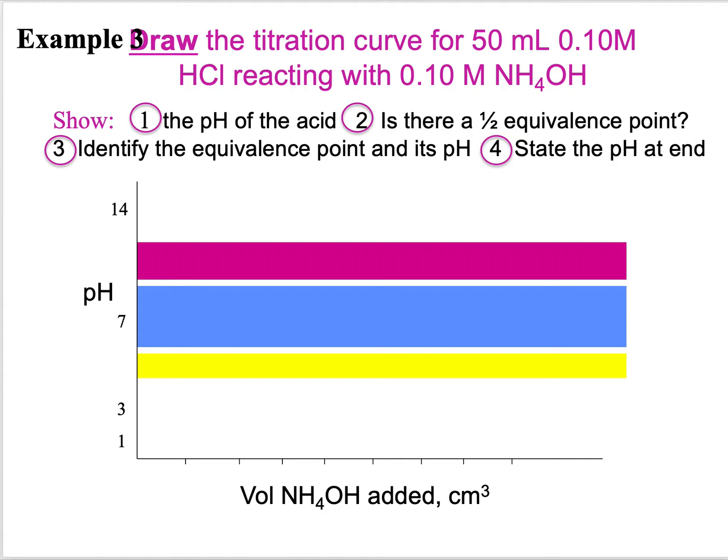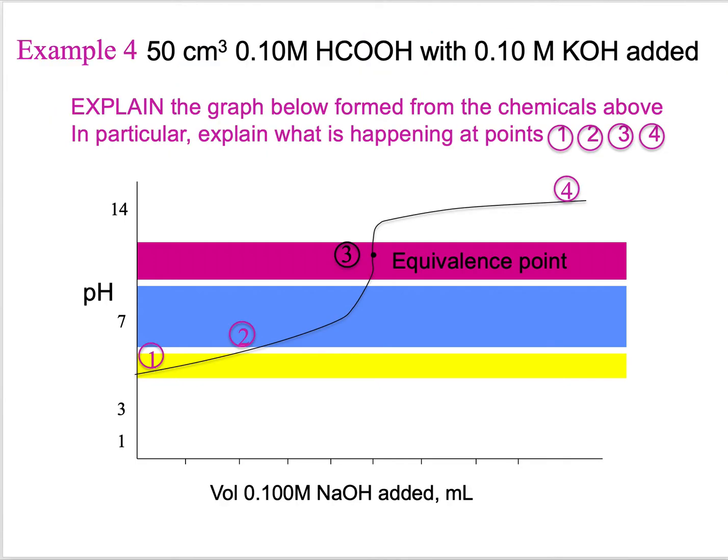So titration curve for 50 centimeter cubed of HCl reacting with 0.1 molar ammonium hydroxide. And so here we have another one where you have to explain the graph and look at what you've got.